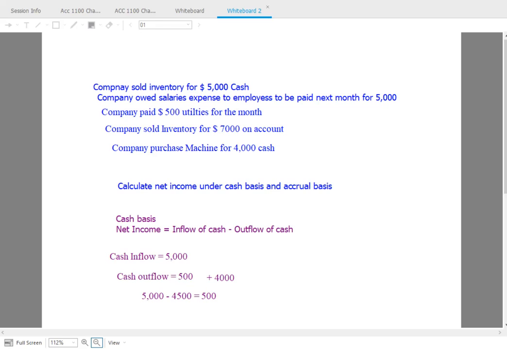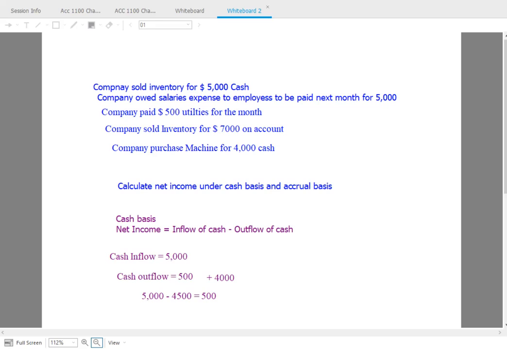And revenue occurs only when the products are sold or services are rendered. Expense occurs when I benefit or use the asset. Without using or benefiting from the asset, it is not an expense. It will be an expense when I use it.